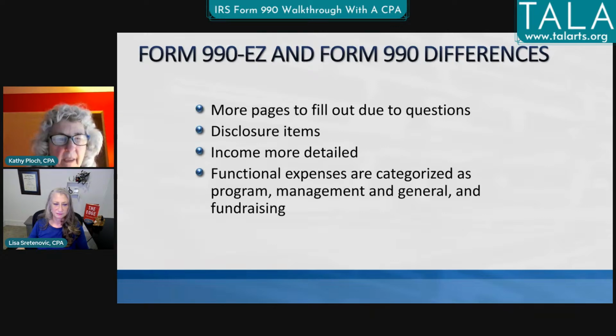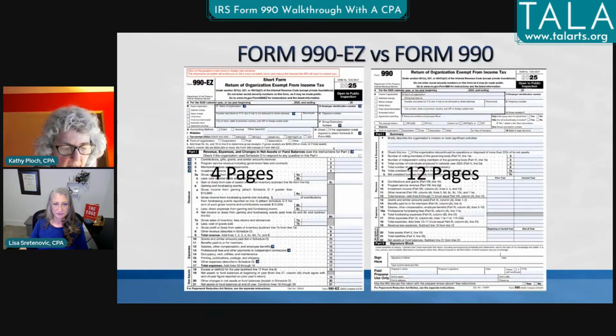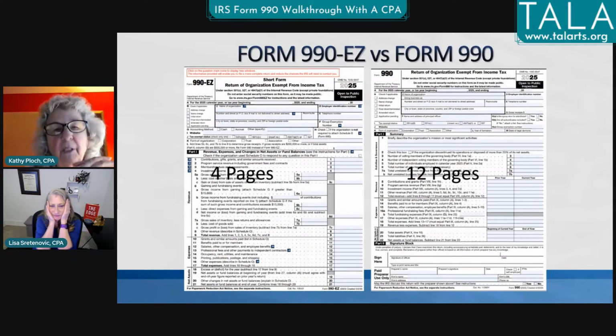Let's just quickly talk about the differences. I'll show you a picture of the differences of what page 1, for example, of the 990EZ on the left and the 990. The 990EZ, we had 4 pages. The Form 990 is 12. And half of the pages are questions.